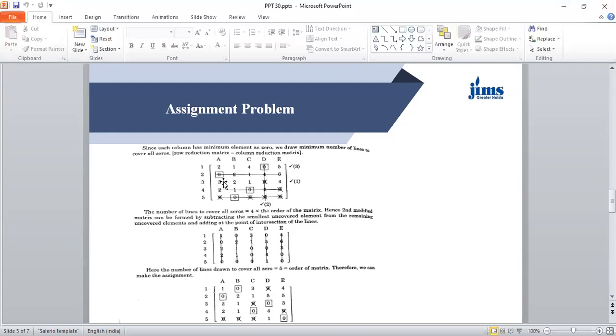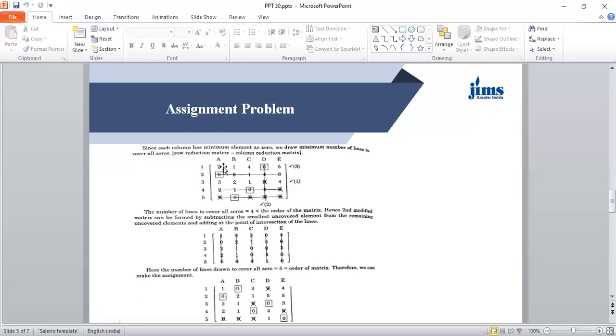So what is the next step? The number of lines to cover all zeros is only 4 here, which is less than the order of the matrix. So we have to find the second modified matrix, which can be formed by subtracting the smallest uncovered element from the remaining uncovered elements and adding that value at the intersection of the lines.